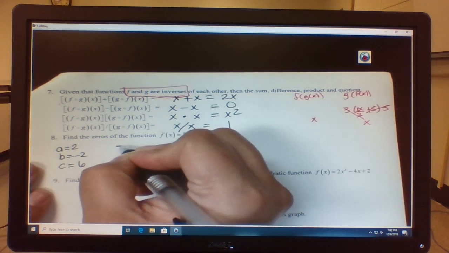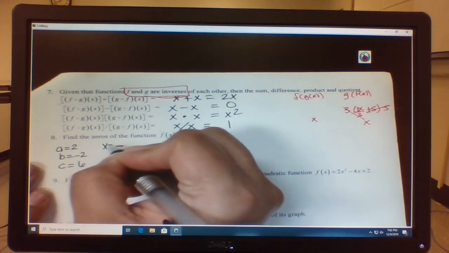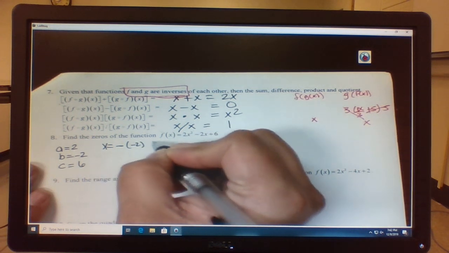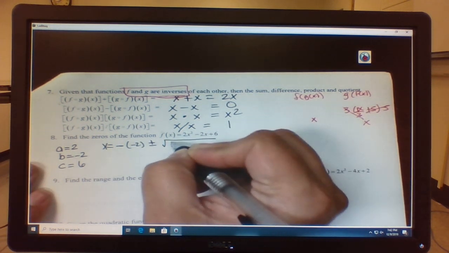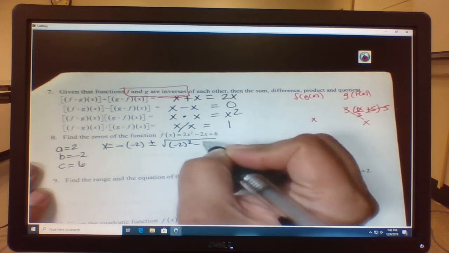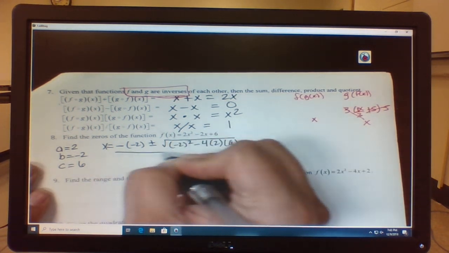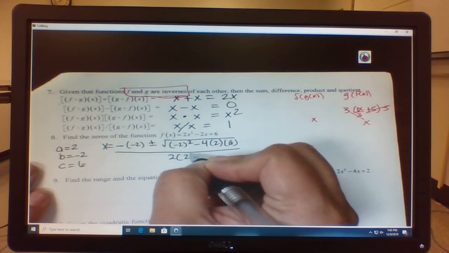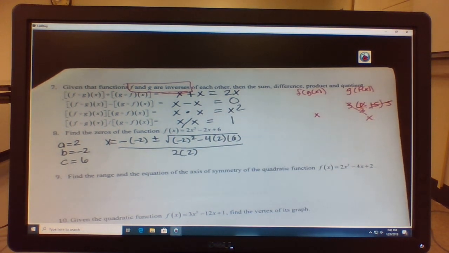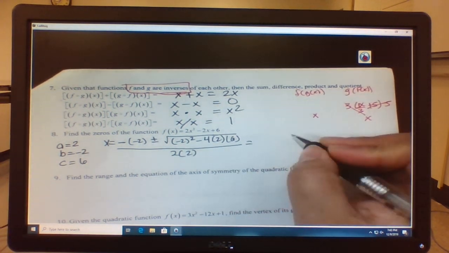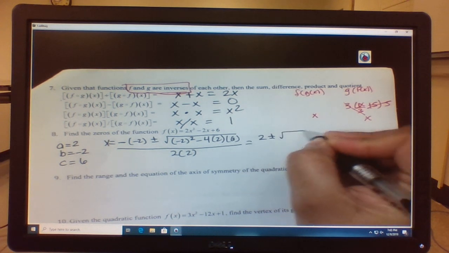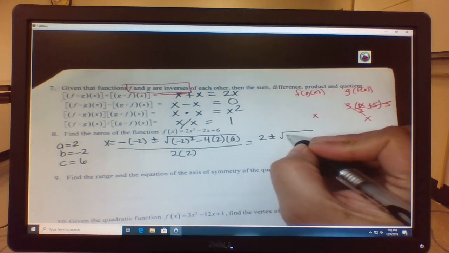So the formula is X equals negative B plus minus the square root of B squared minus 4 times A times C, all of this over 2 times A. So what's a negative 2? Positive 2. And then we have a negative 2 squared, which is a positive 4.